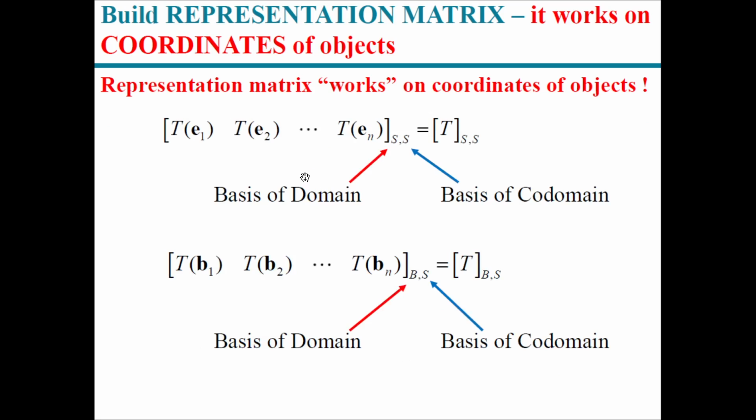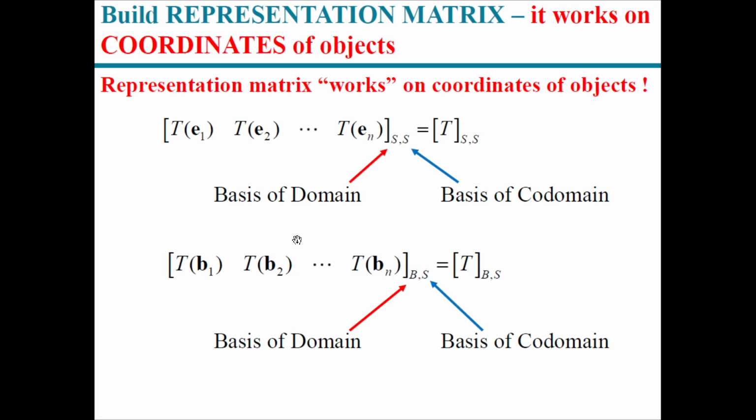So the notation for the representation matrix, when I have the standard matrix, that means for the domain I use the standard basis, and for the codomain I use the standard basis. It's simply the image of each basis vector from the standard basis, and I put them in order in columns, and that's what I call the standard matrix, TSS.